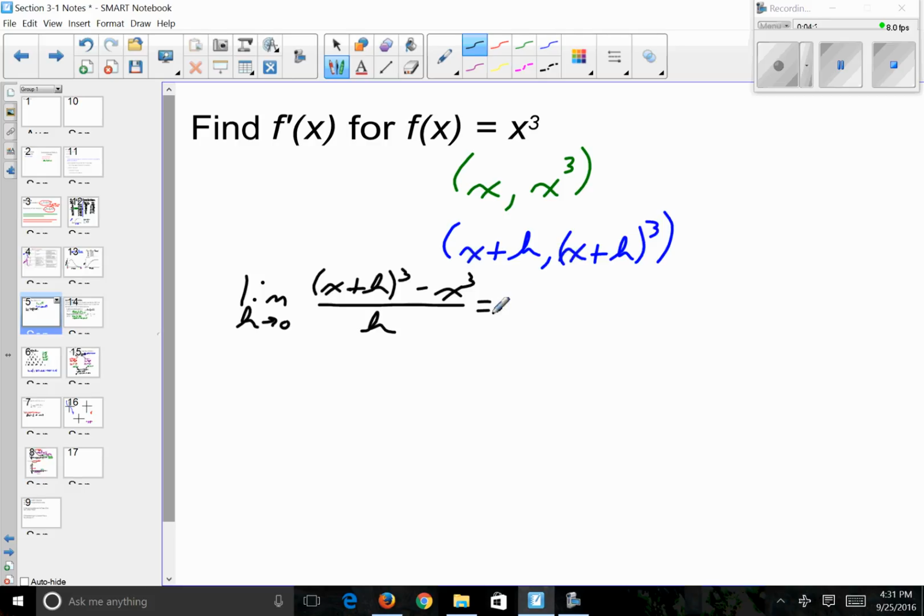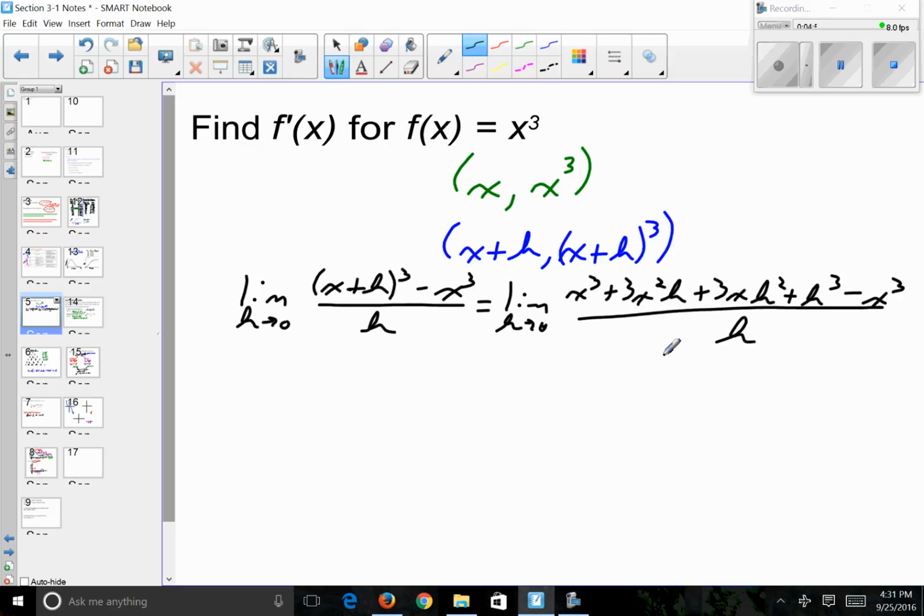Well, if I multiply out and do my binomial expansion on x plus h quantity cubed, that's going to be x cubed plus 3x squared h plus 3x h squared plus h cubed, then minus the x cubed all over h.